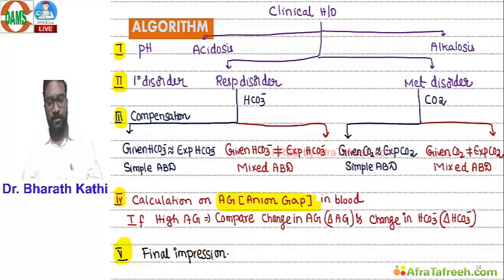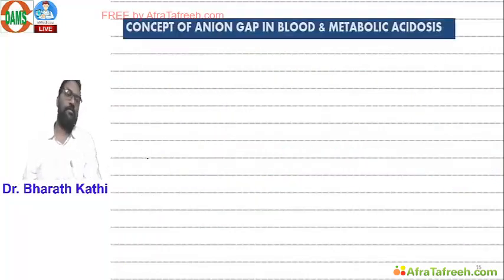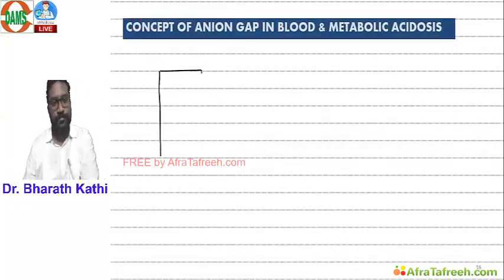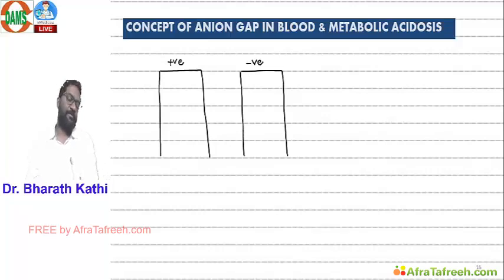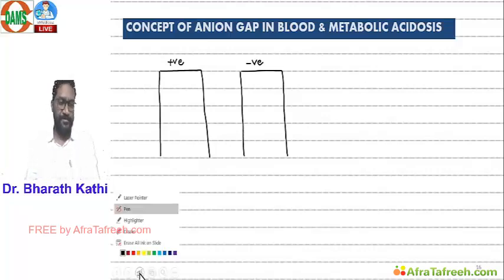For this you need some imagination. In my body there are 2 compartments. A positive compartment, a negative compartment. To maintain electron neutrality, always the total number of positives will be equal to total number of negatives.